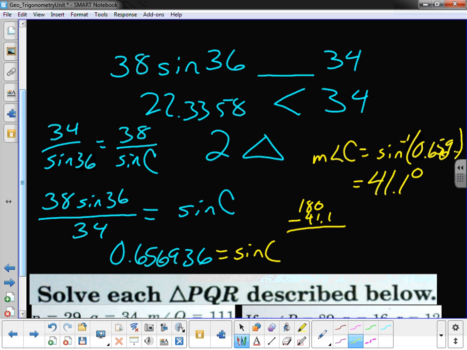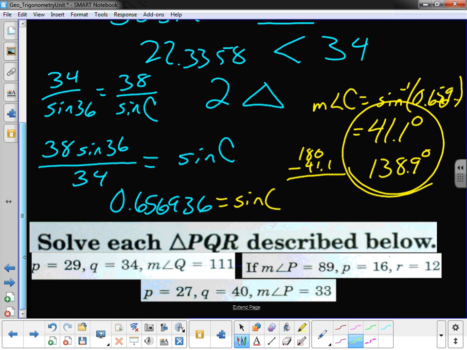That gives me the other option. So if I take 180 and I subtract that number, I get 138.9. If you take the sine of 138.9, it's going to be the same decimal again, 0.6569364, the same one we got. So what happens is we have two angles there for that problem.